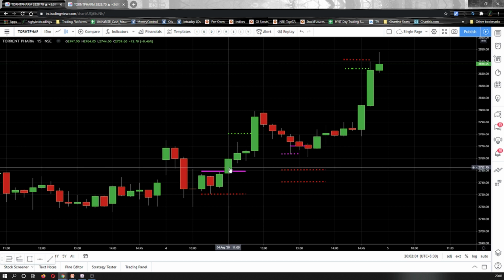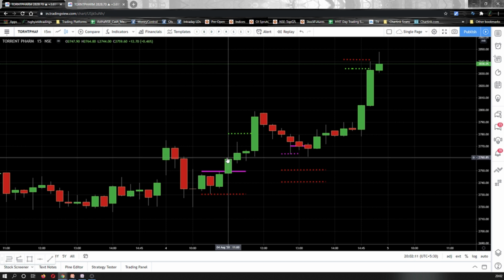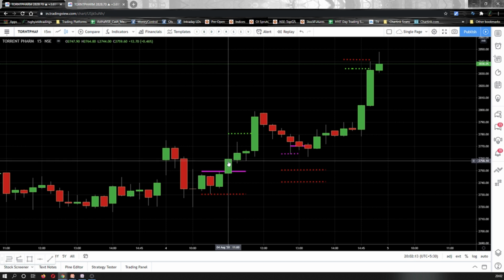So my long entry would have been at any price in the 11 o'clock candle. It might be at 2751, or around 2755, or even around the highest point of the candle, which was 2764. Any point in the 11 o'clock candle was my entry.